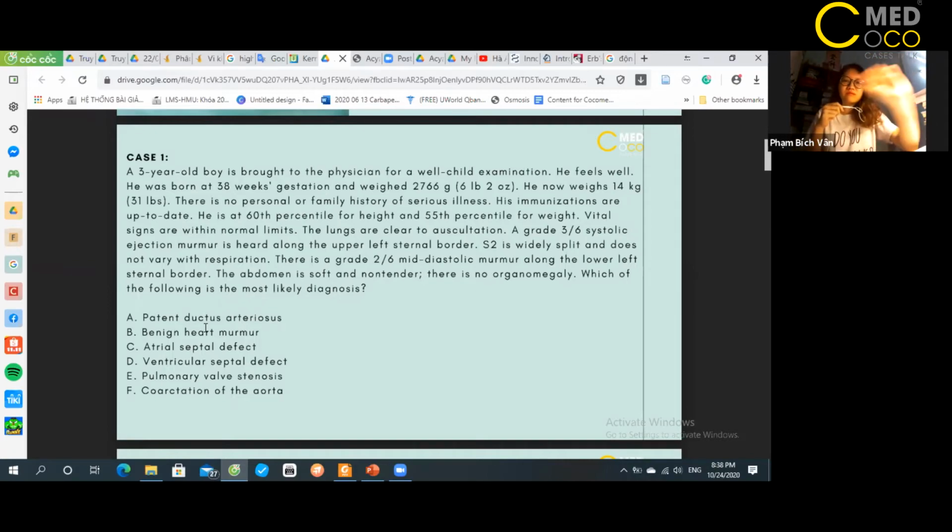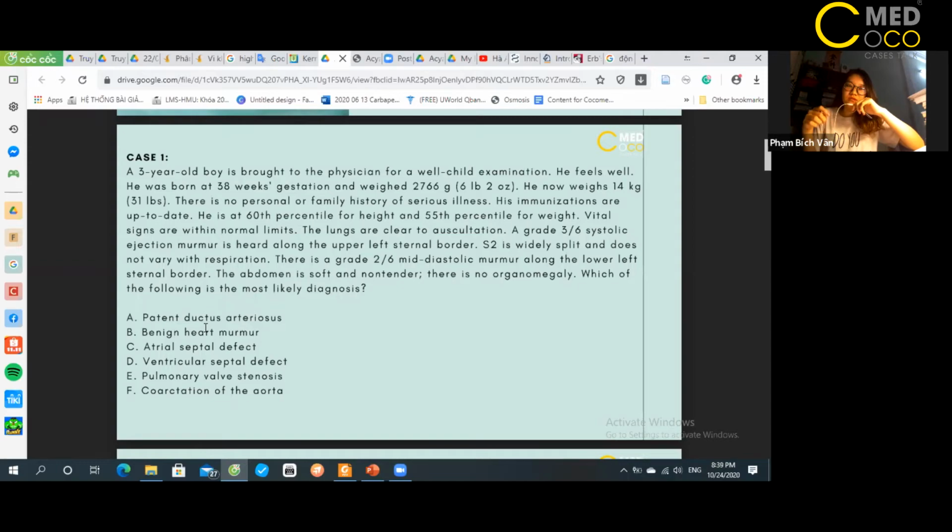So, according to your suggestion, I think that the reason for this abnormality in this case is the ventricular septal defect, right? I think that when one has a ventricular septal defect, the flow is from the left to the right, so from the left ventricle to the right ventricle.